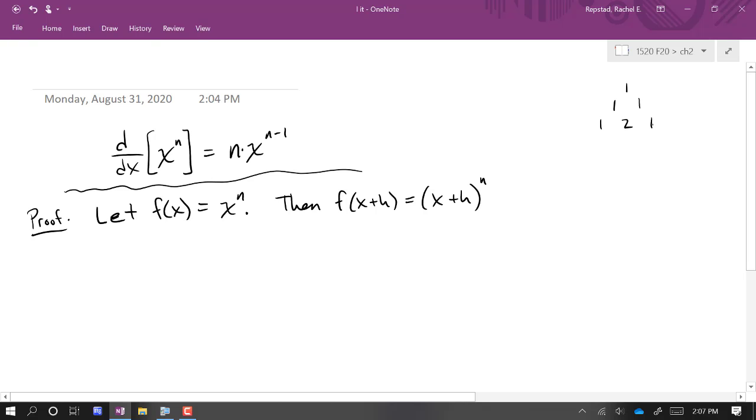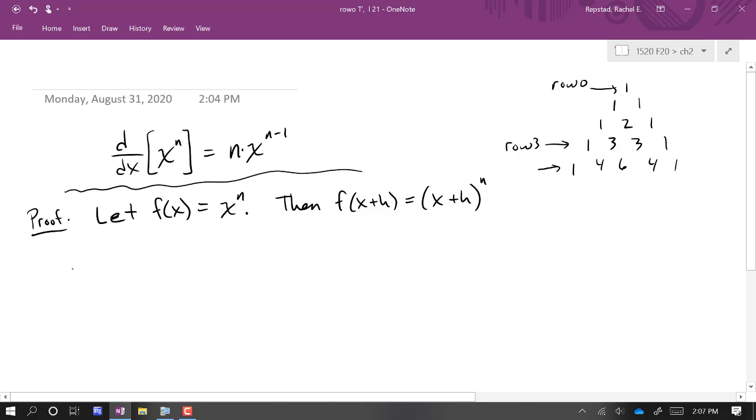We use it to help us find x plus h to some power. 1, 3, 3, 1, 1, 4, 6, 4, 1. So this is row 3, because it starts at row 0. We call that row 0. If I wanted x plus h cubed, I use row 3 to get those coefficients. If I want x plus h to the 4th, I use row 4 to get those coefficients.